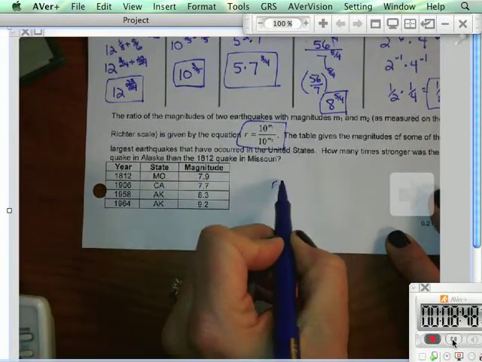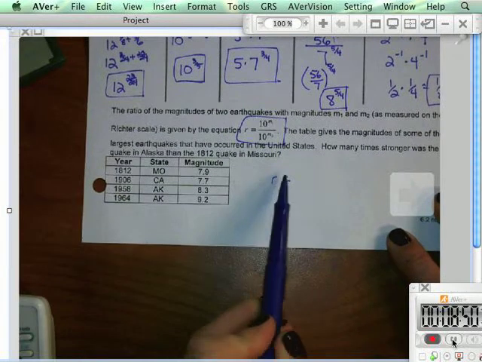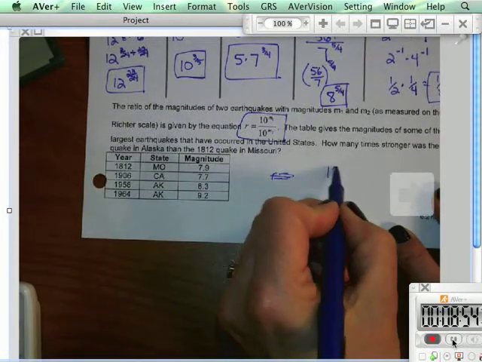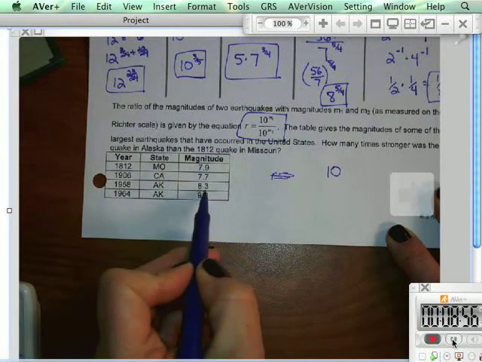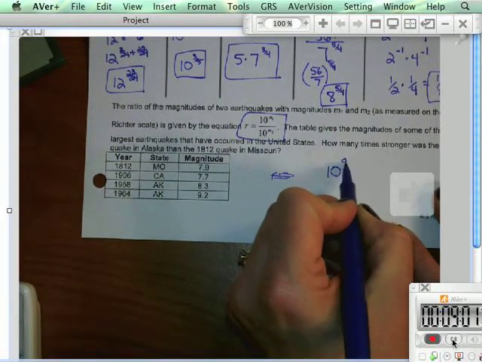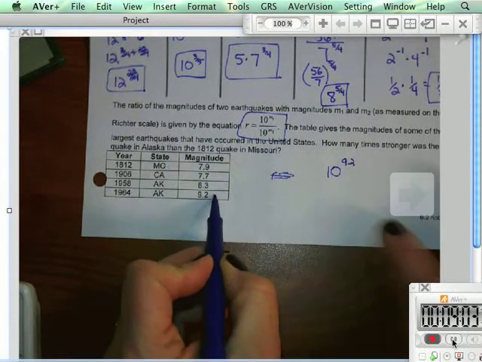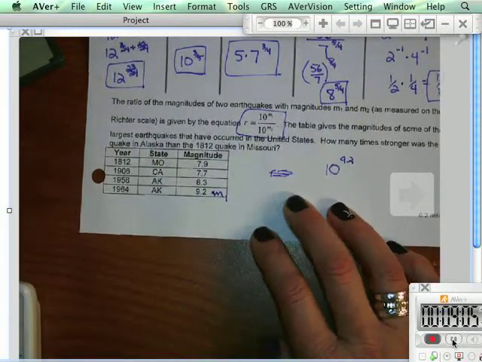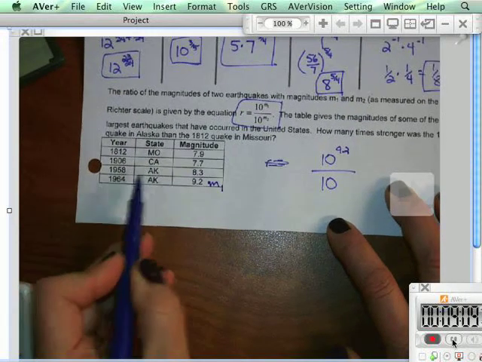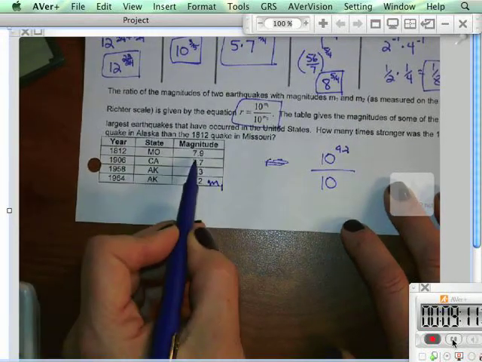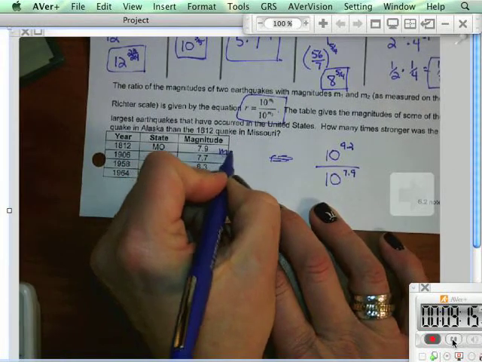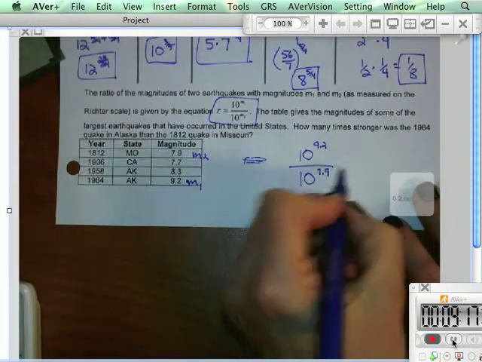We don't even need R. We just need to divide. We need to look at the magnitude of Alaska, which in 1964 was 9.2. This is the M1. And we divide it by 1812, 7.9, 10 to the 7.9. This is M2. Then you whip out your calculator and do the math.